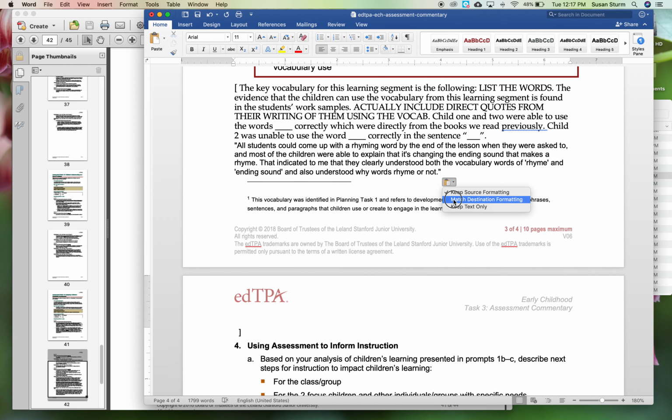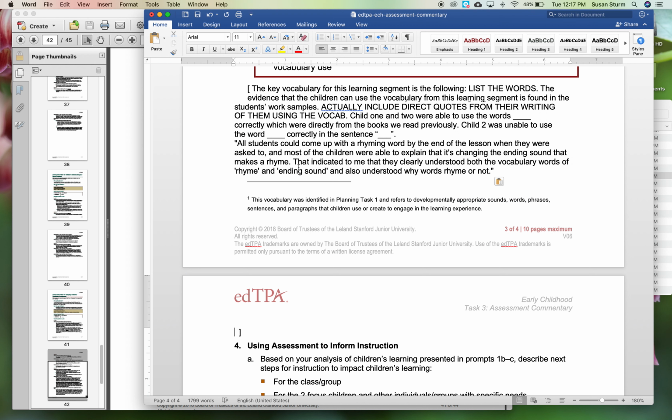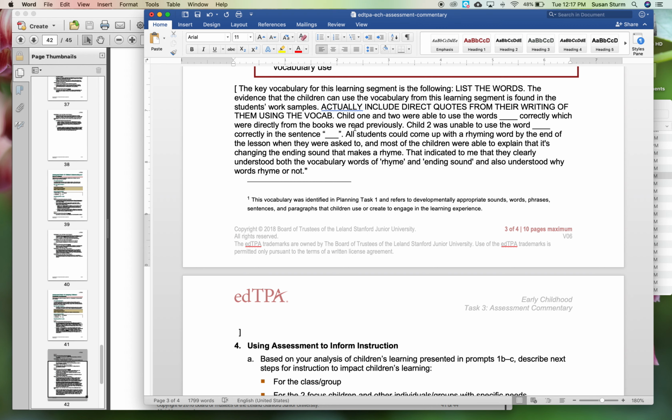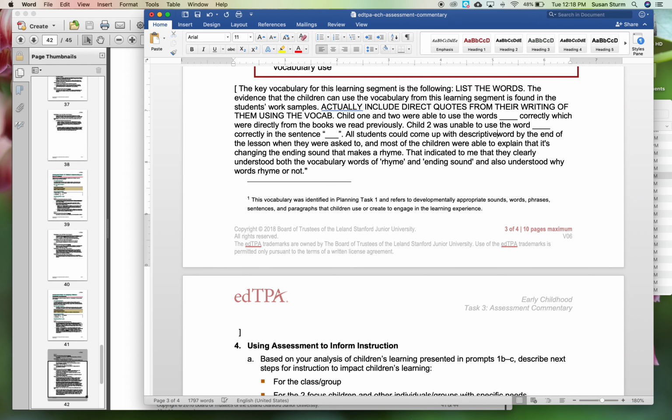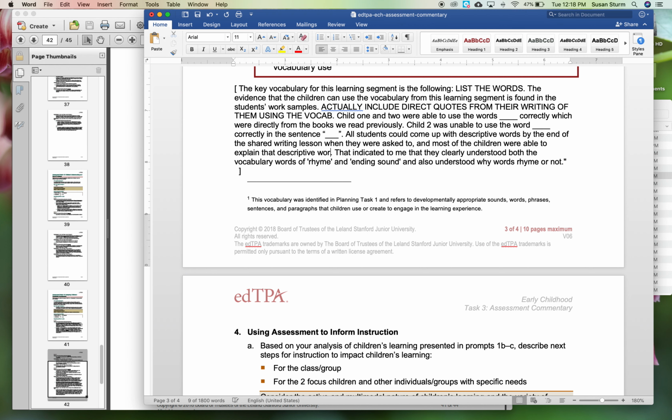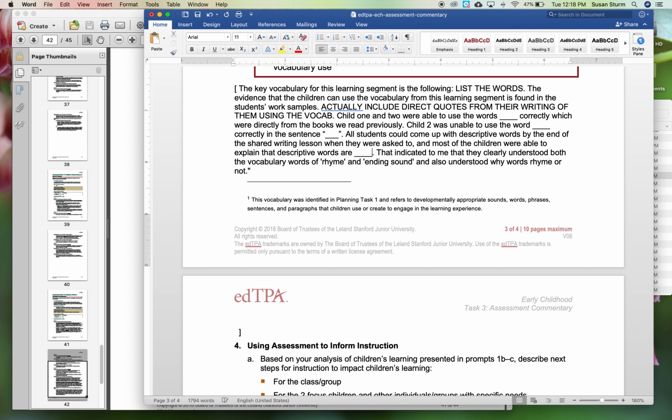Oh, good, it pasted perfectly. So I would then write something like this. All students could come up with descriptive words by the end of the shared writing lesson when they were asked to, and most of the children were able to explain that descriptive words are, and then you're going to explain what they are.